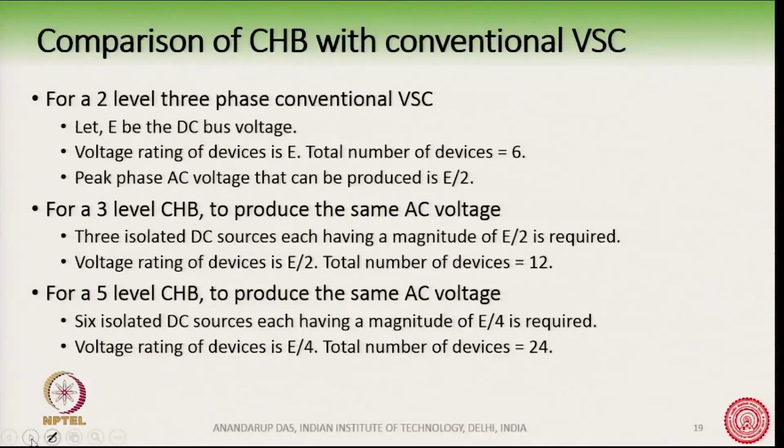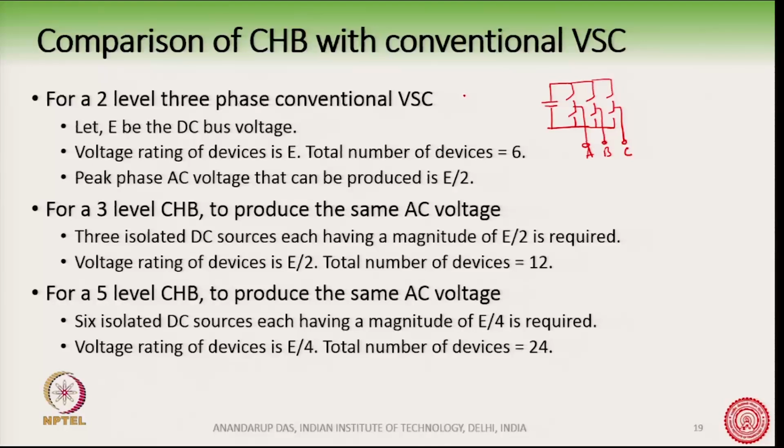Suppose we make a comparison of this CHB with a conventional 2 level voltage source converter. How do they compare with each other? This slide talks about that. Suppose for a 2 level 3 phase conventional VSC, which is this one, with phases ABC here.